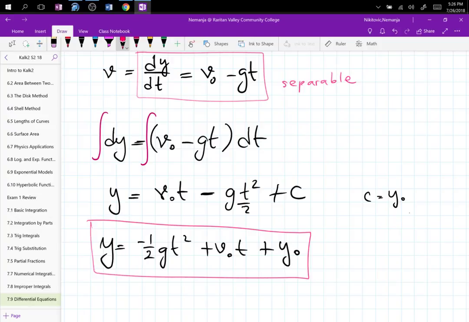What kind of path did it take on? Observe the path. What was the path? It was a downward opening parabola. The path looked like this. Do we see negative x squared? Is that right?